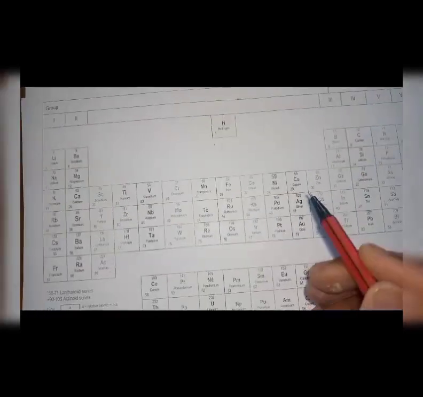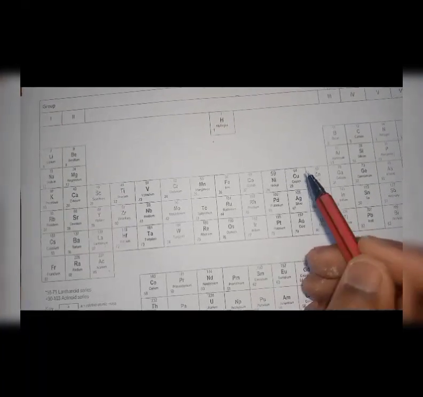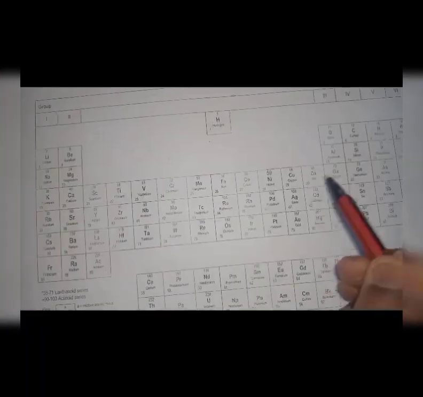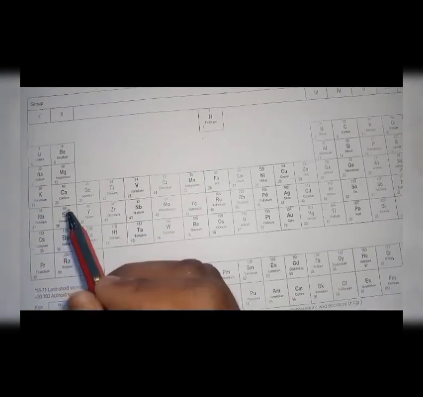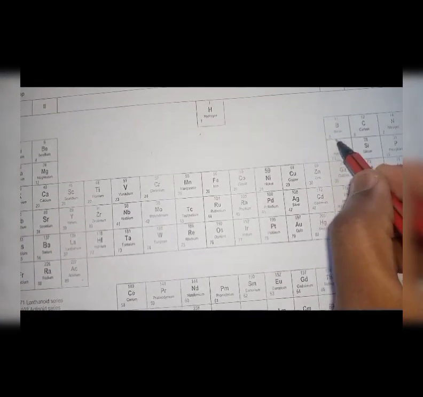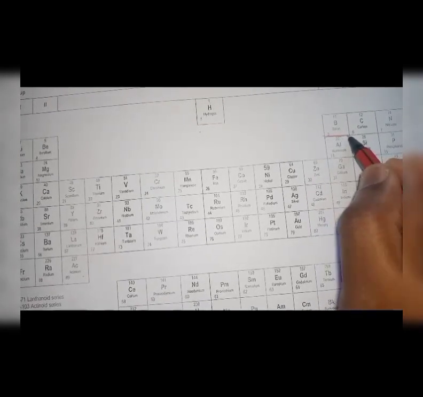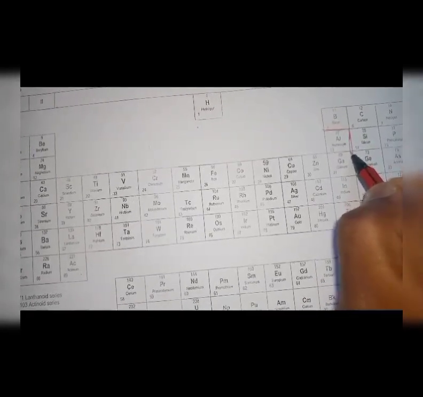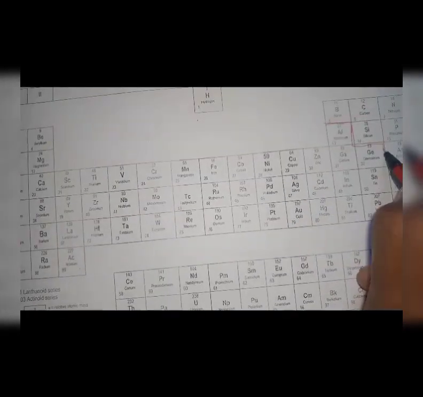Someone would ask, how come I'm able to tell that nitrogen is a non-metal and lithium here is a metal? Just note that there is a zigzag line that you can draw here. There's a zigzag line that can guide you. Get your own periodic table and draw this just to help you.